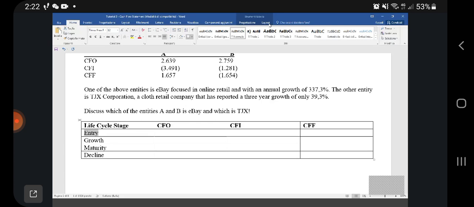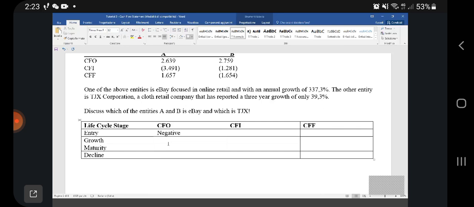And what do you think the cash flow from operations, how high or how low will it be? Usually for a company in the entry stage of its life cycle, the cash flows from operations is negative because the company is not generating a lot of cash from customers, but still it has to pay its suppliers, its salaries, and its usual bills.